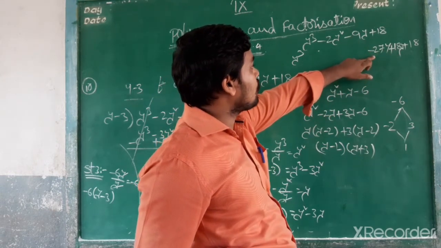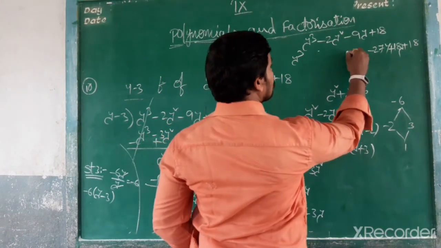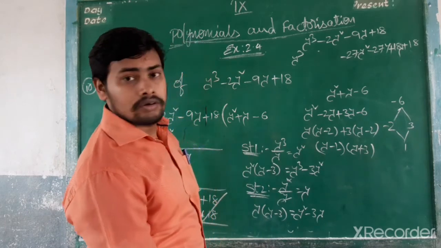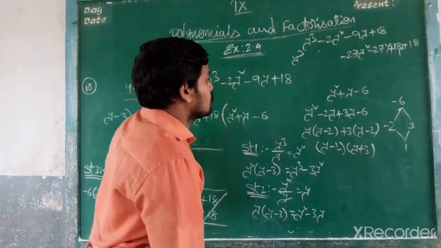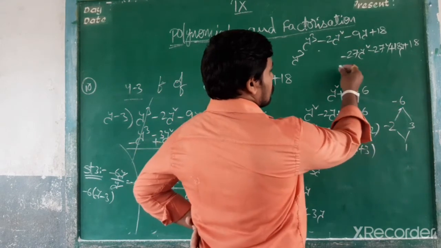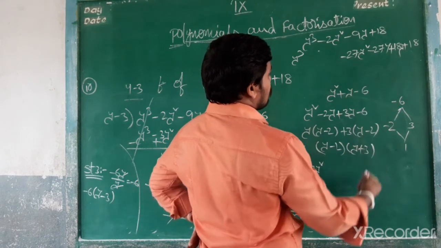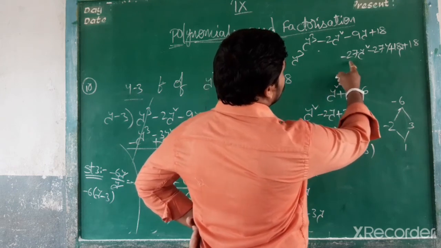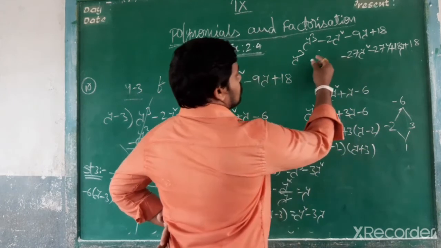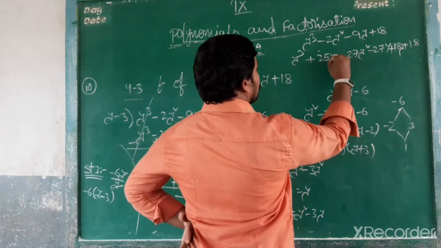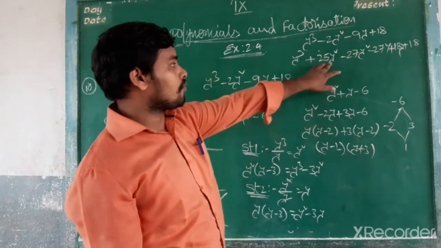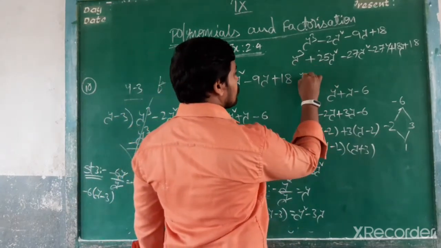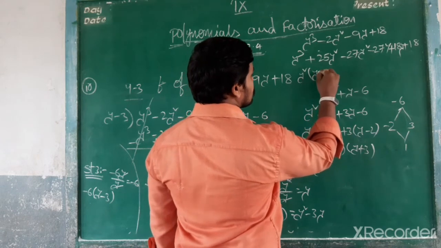Here minus 27y is there, so we have to write minus 27y square here. Minus 27y square plus 25y square. Okay, 25y square minus 27y square is minus 2y square. What is the common factor here? y square.